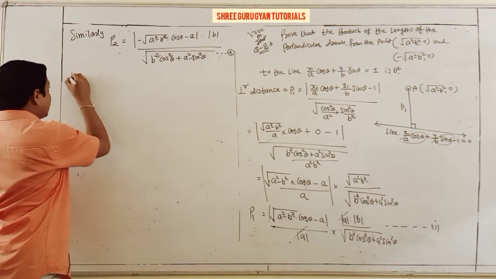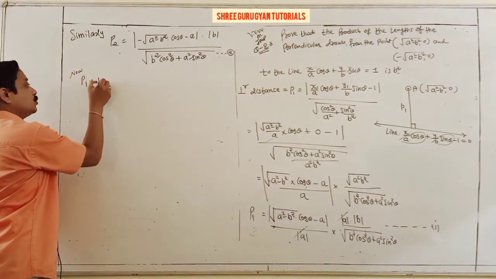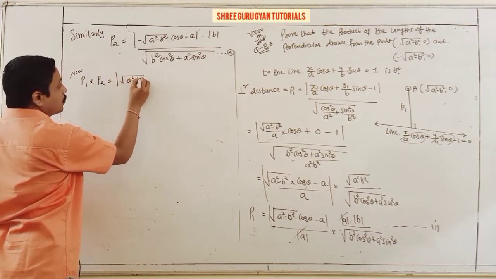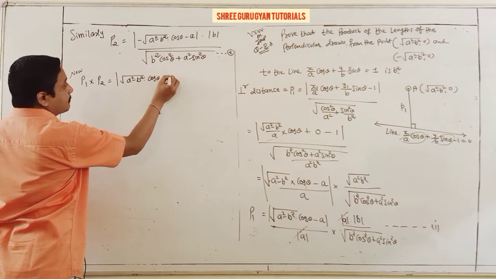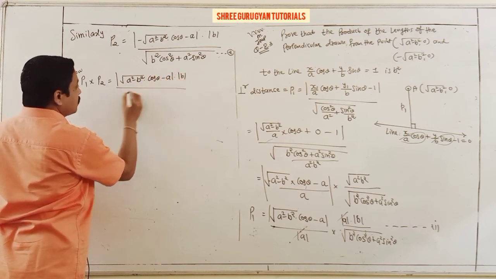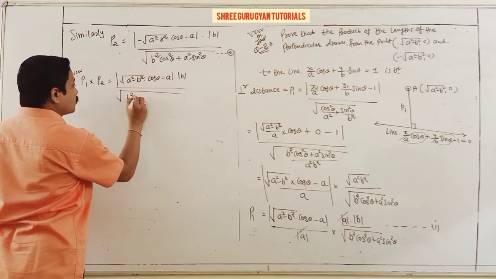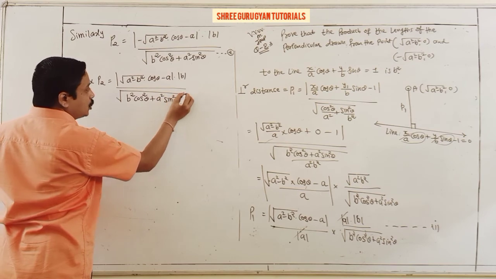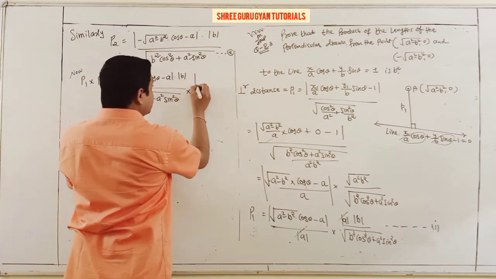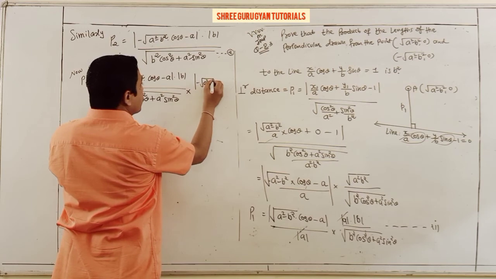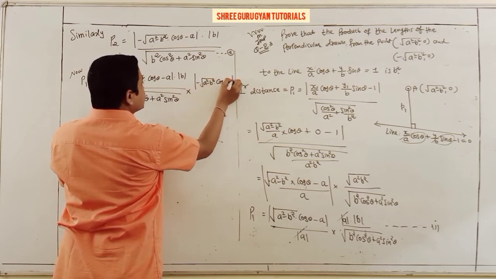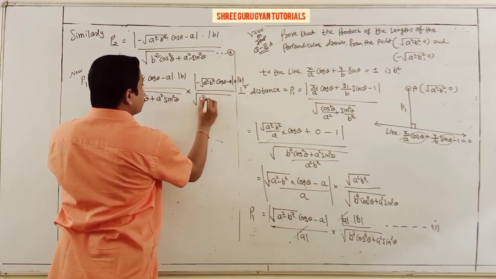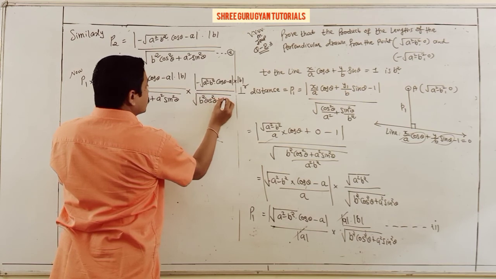So students, I will take now P1 into P2, that's your P1, modulus under root a square minus b square cos theta minus a with modulus b upon the same under root b square cos square and a square sin square, into the second, also the same, I write down minus under root a square minus b square cos theta minus a with modulus b by under root b square cos square a square sin square.